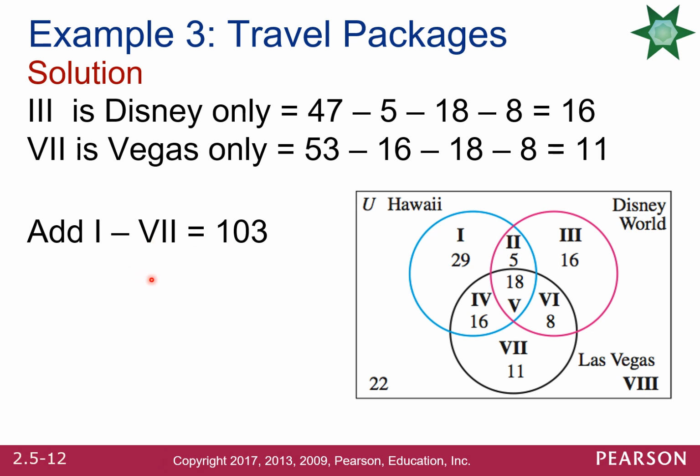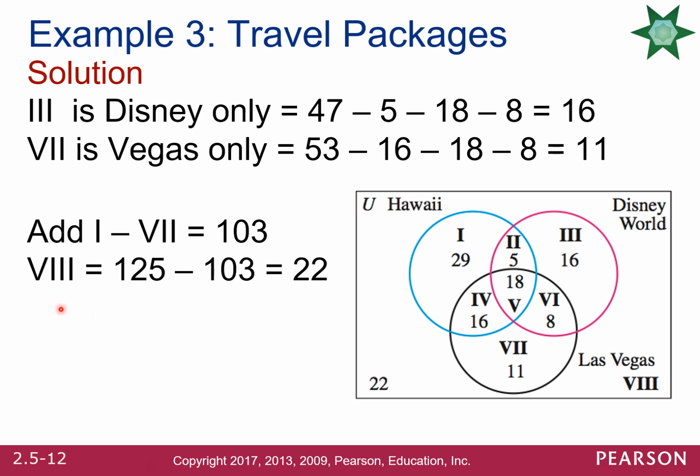So the way we go about it is to add all these numbers within the circles, and then subtract that sum from 125, which is the total number, the cardinal number of the universal set.